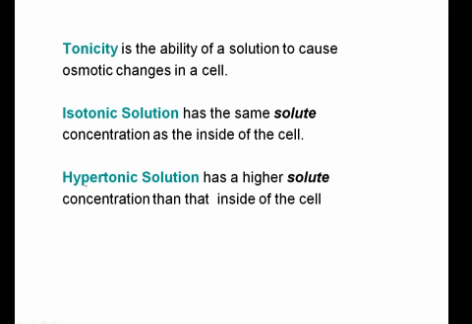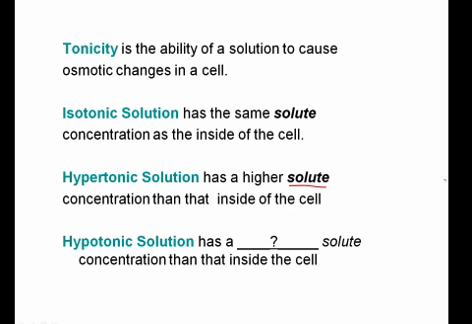A hypertonic solution, hyper means high, so a hypertonic solution has a higher solute concentration than what is found inside the cell. And a hypotonic solution, hypo means lower, so a hypotonic solution has a lower solute concentration than that is inside the cell.